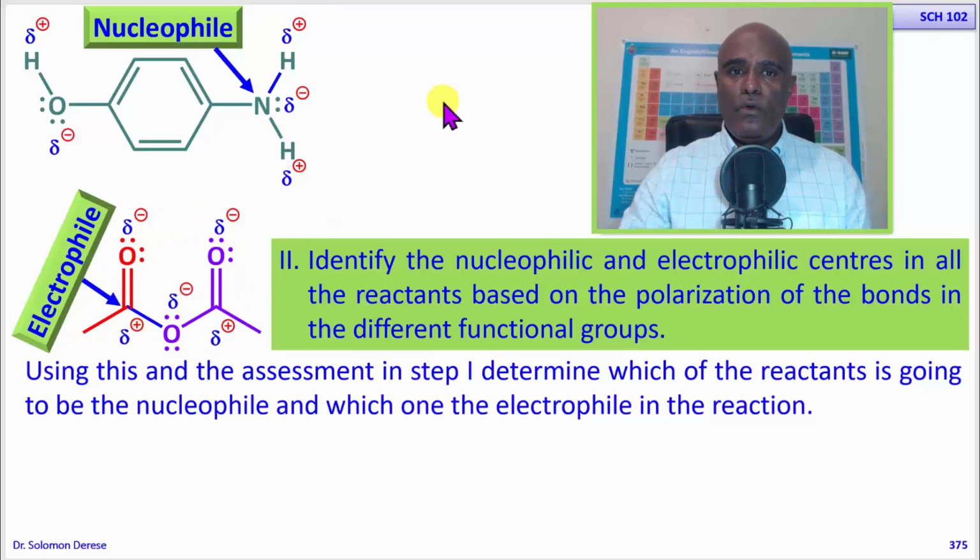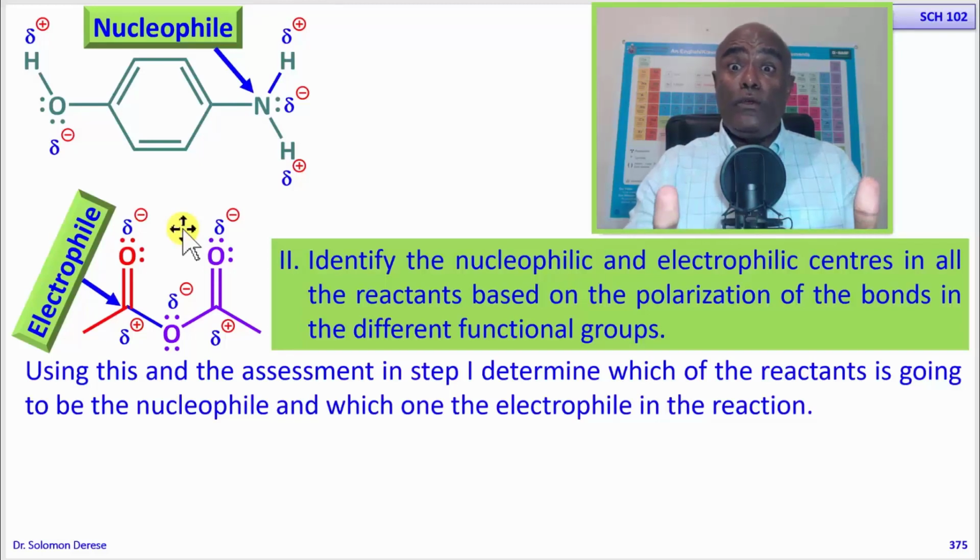So when these two reacting species come close to one another, there is going to be a force of attraction. The force of attraction will be strong between the most electrophilic center in one of the reactants and the most nucleophilic center in the other reactant, and then the two attract each other, and then a bond is formed.